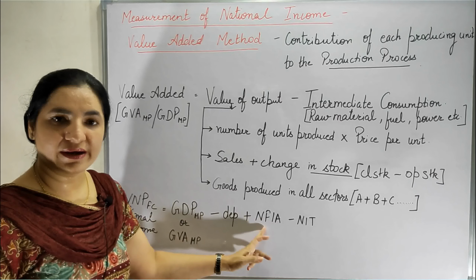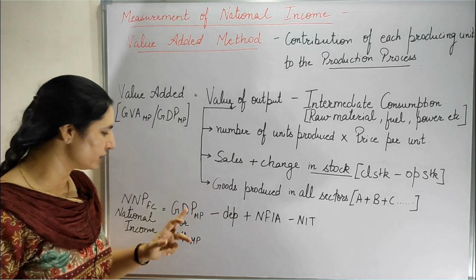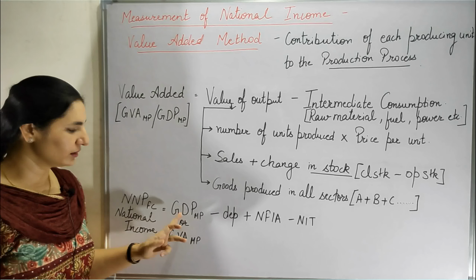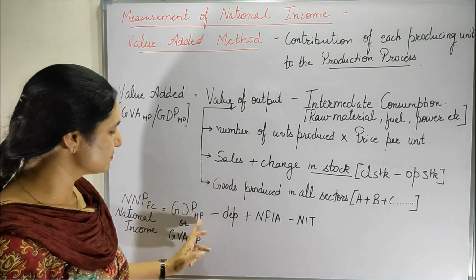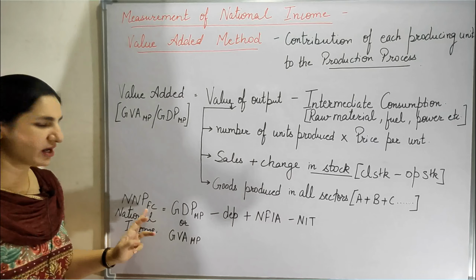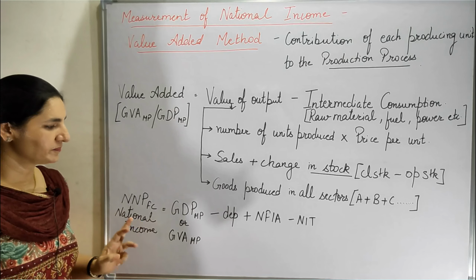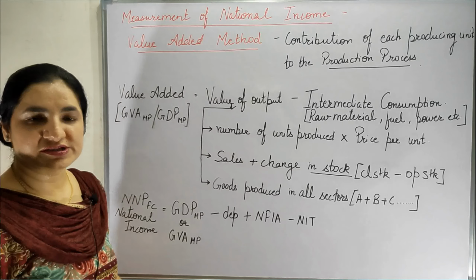Then we will have to add NFIA, that is net factor income from abroad, to the domestic head. It will now be equal to the national head, and from this market price we will have to reduce NIT, which will become equal to factor cost. So by this we will calculate through the value added method.